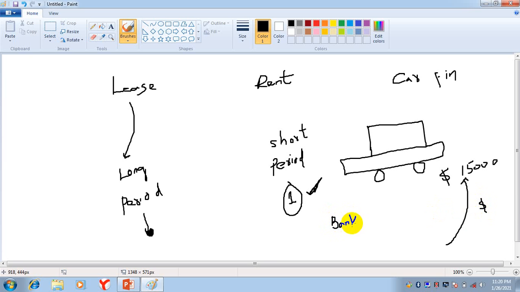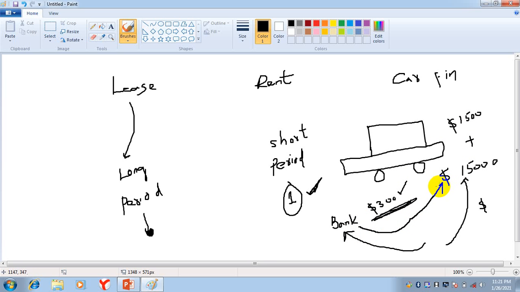Now the customer will make periodic payments to the bank. Suppose monthly he is paying $300. So he will complete this $15,000 payment plus $1,500 interest, so 15,000 plus 1,500 will be 16,500. In installments, the customer will make this 16,500 payment, and when the payments are complete, the bank will transfer the ownership to the customer.